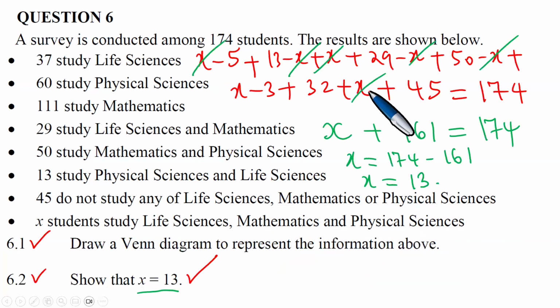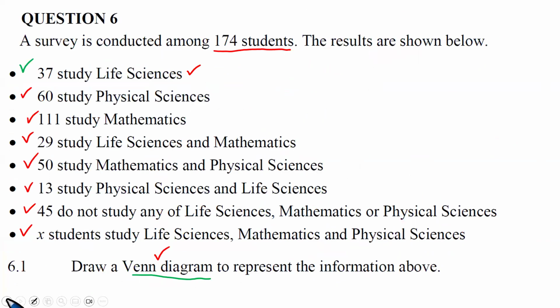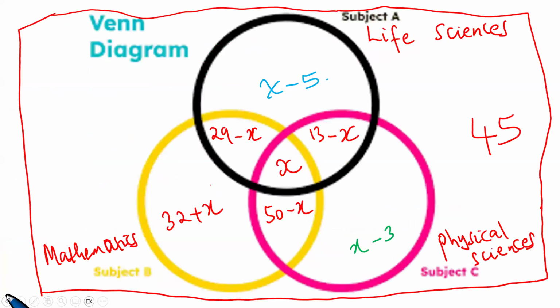Let us check that. So this student here is doing mathematics and physical sciences, but not life sciences. It is clear in the Venn diagram anyhow.